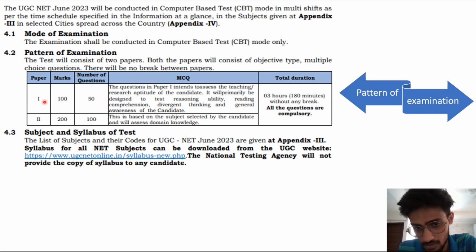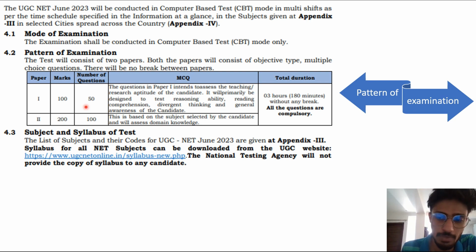Paper 1 is static for all the courses. If you are giving the exam for commerce, then you also have to attempt paper 1. If you are giving it for management, then also paper 1 is similar. So there are paper 1 and paper 2. Paper 1 is static, paper 2 is domain specific, your domain knowledge. Like if you are giving it for commerce, 08 is the paper code.